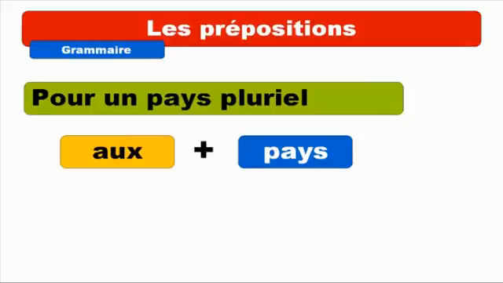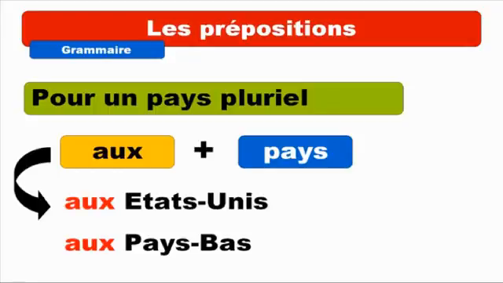And the last category, plural countries, so it's aux, A-U-X, but you don't pronounce the X like that, and then the name of the country. In the first example, the X is not pronounced, but if you've got a country like États-Unis, starting with the sound of a vowel, you will have to make this small link, this liaison, between aux and États-Unis.